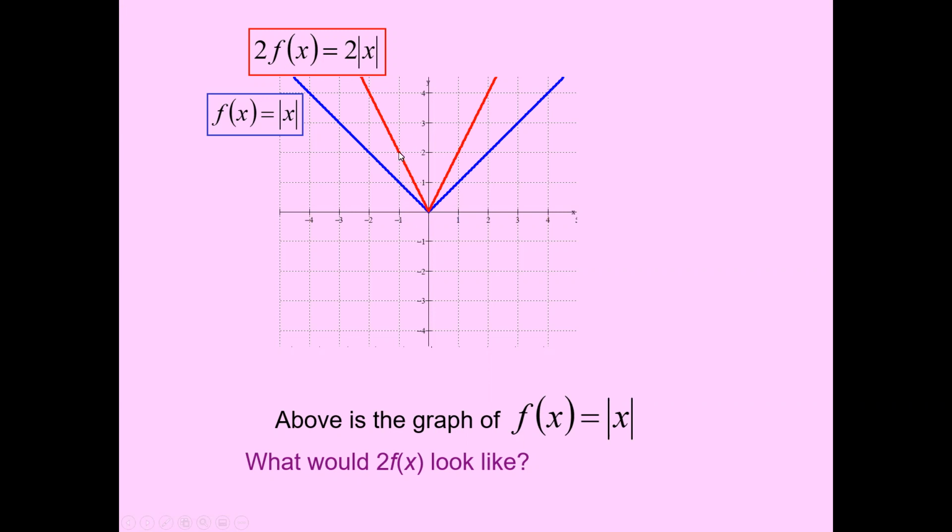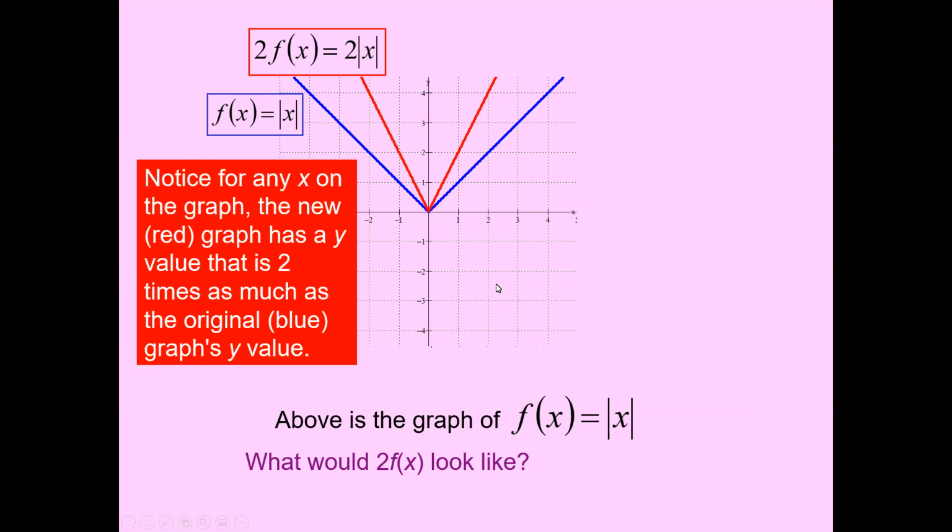So that will become a 2 right here. When x is 1, if I multiply that 1 by 2, I get that 2. And then you can see the red color graph. Notice for any x on the graph, the new red graph has a y value that is 2 times as much as the original blue graph's y value.